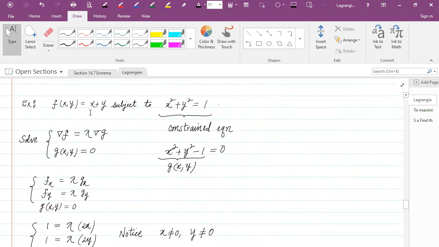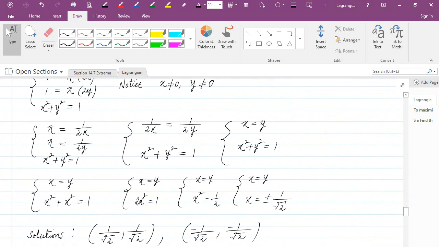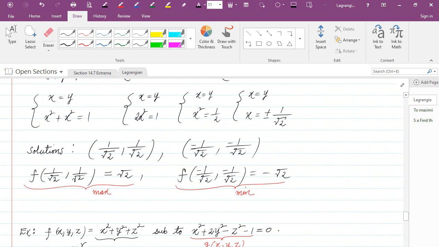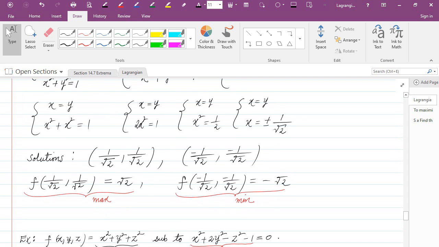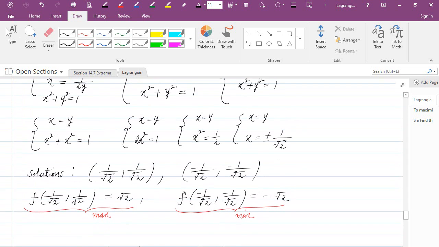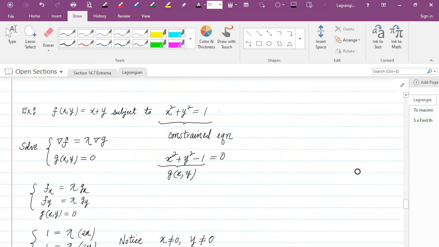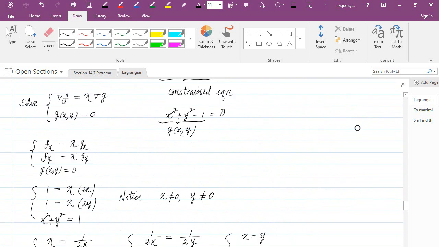So when x and y are both 1 over root 2, we get 2 times 1 over root 2, which is equal to root 2. And the value of the function f at the other point is negative root 2. So that's going to be the minimum value of f, and root 2 is going to be the maximum value of f on the unit circle. So we found the extreme values of the function f.